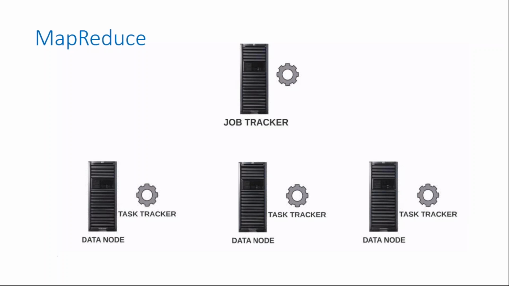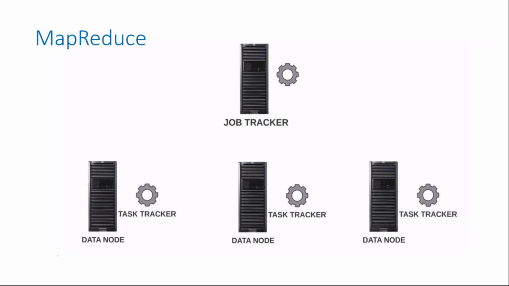Technically there would be only one job tracker, just like the name node. And there are going to be multiple task trackers. As you guessed, they would be run on data nodes, and ideally they are run where the data is.